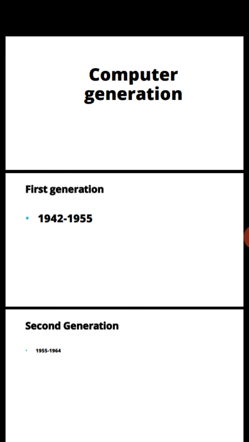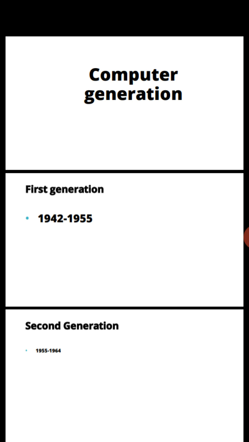These vacuum tube computers could perform computation in milliseconds and were known as first generation computers. The first generation, 1942 to 1955, used the vacuum tube.